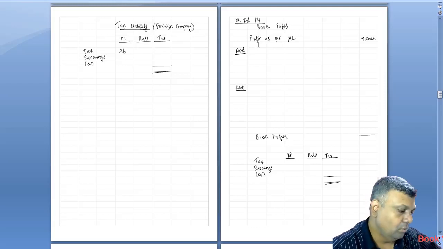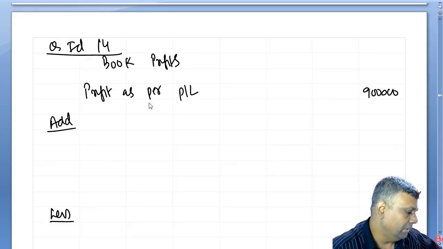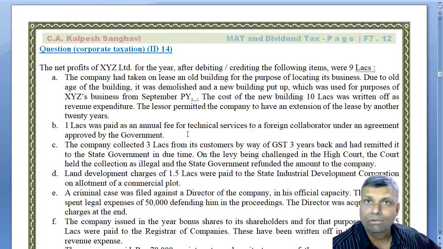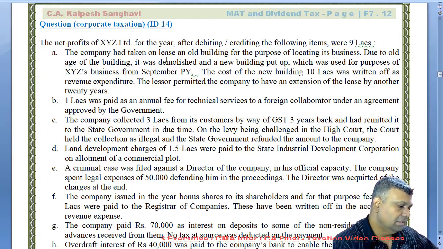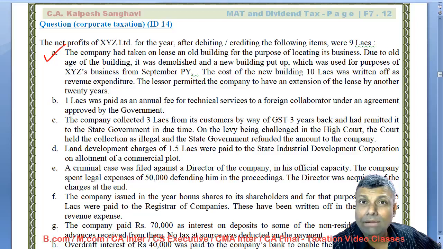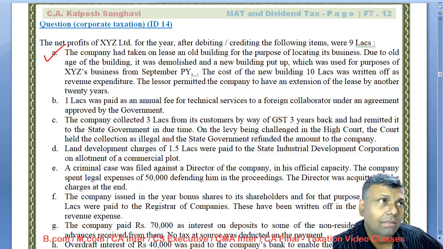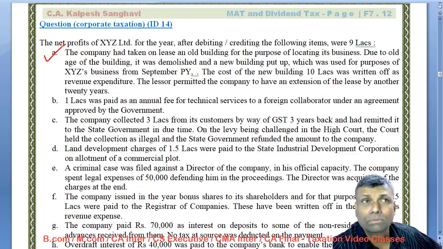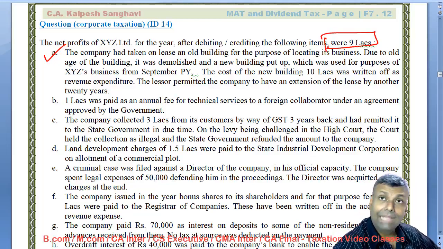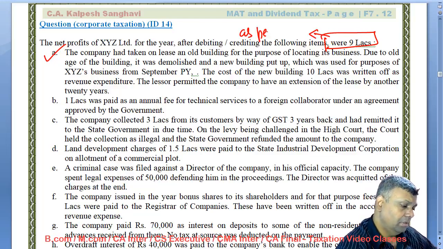Okay. Now I'll have to go and analyze each and every point step by step from the MAT point of view. Now this is some leaves of old building and all that kind of thing. This does not have any effect in the MAT. Now, the only thing that you should remember in the MAT, because in a question like this it can become a material point, is whether this 9 lakhs is as per the compliance of the company law.